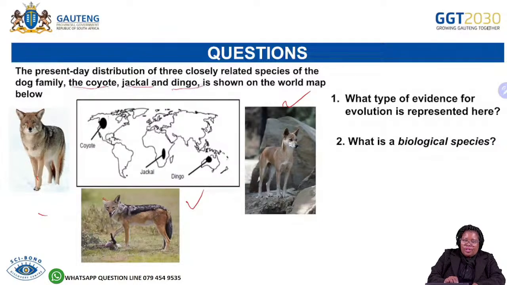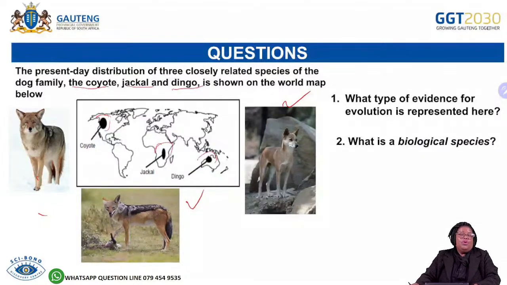Here is the coyote, we find it here, and then the jackal and the dingo is shown on the world map below. Right, this dog family, the coyote are found here, the jackal are found here, and the dingo is found here. Remember, this is continents in the modern times. This is what we see now in terms of the continent, right?